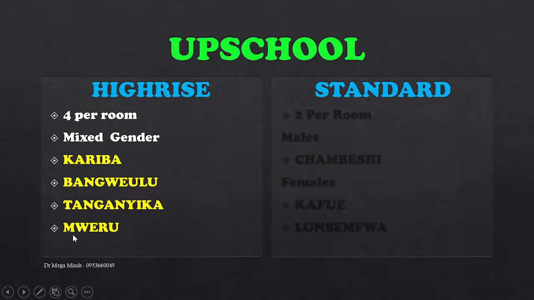And then Mweru, I liked it because it was near the labs and it is just in the middle, going to the up school classes and the down school classes. Mweru is quite centered. And then these two are just cool. They are also found near the up school market, especially Bangweulu. It is near the up school market. So this is what you can know about these hostels.